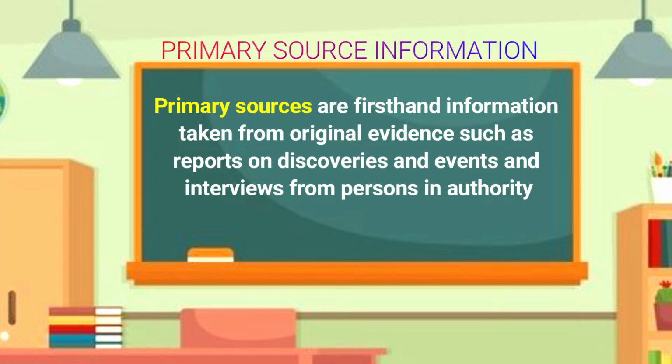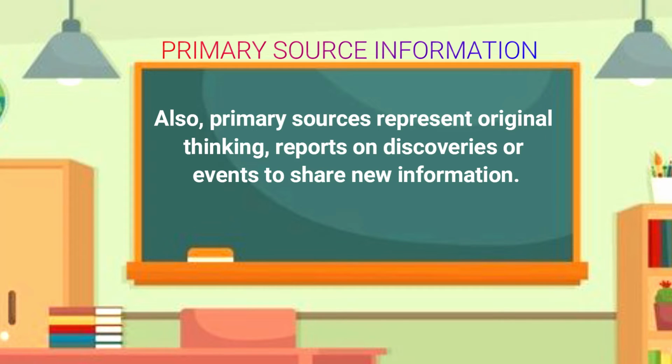Primary sources are first-hand information taken from original evidence such as reports on discoveries and events and interviews from persons in authority. Also, primary sources represent original thinking, reports on discoveries or events to share new informations.